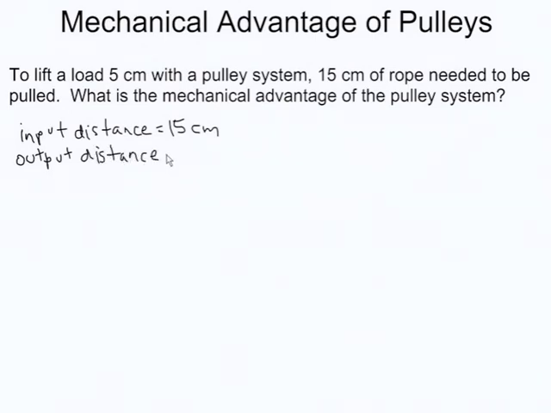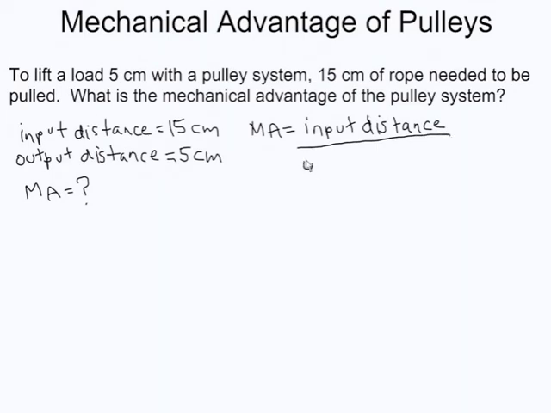What are we trying to find? The mechanical advantage. Mechanical advantage equals question mark. It should be ideal mechanical advantage in this case because we don't have forces. So for a pulley, our ideal mechanical advantage equals the input distance divided by the output distance.